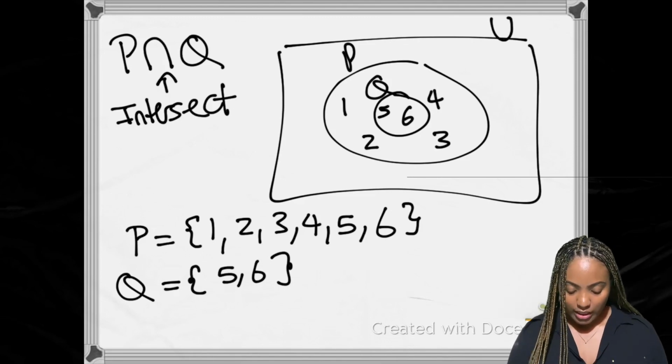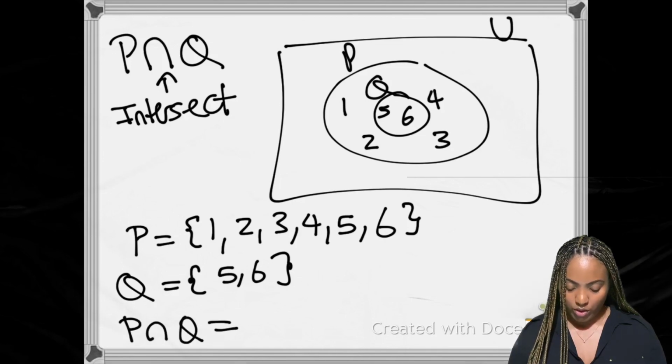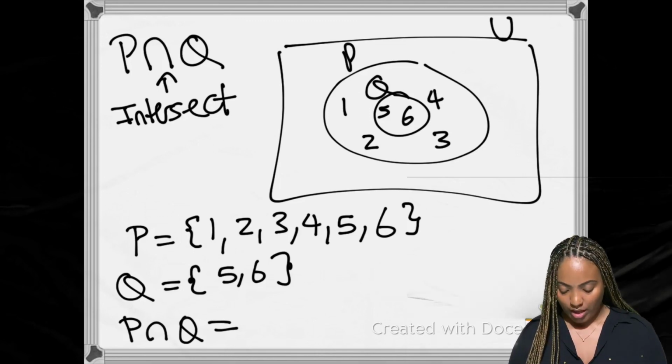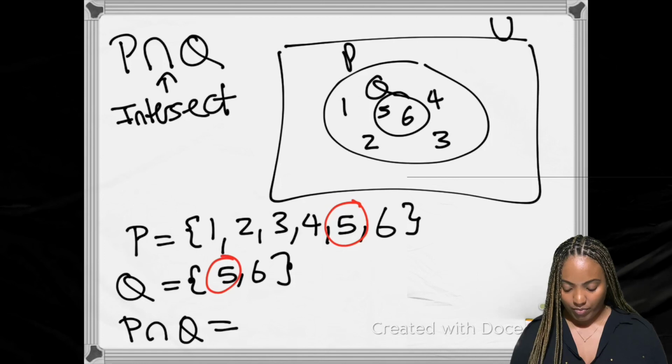To get the intersection of P and Q, we need to identify what elements are common to both P and Q. That would be 5 and 6.